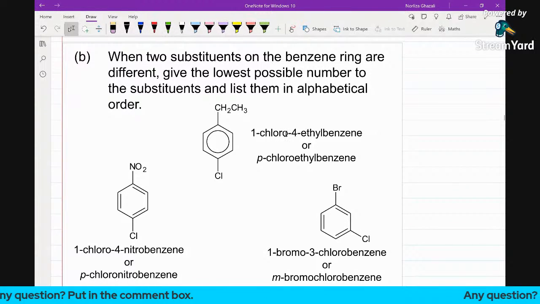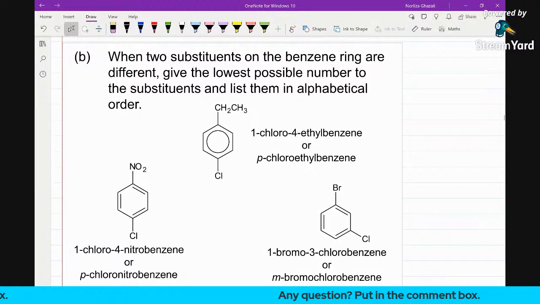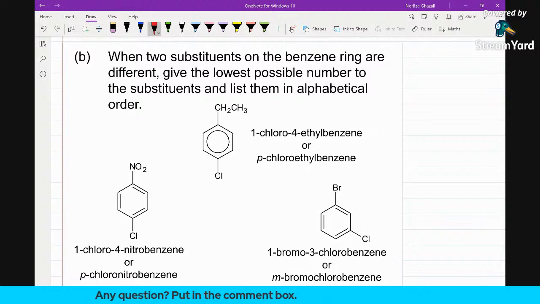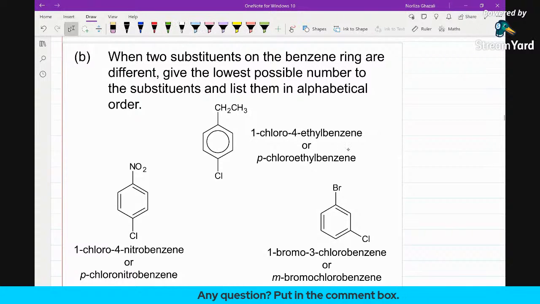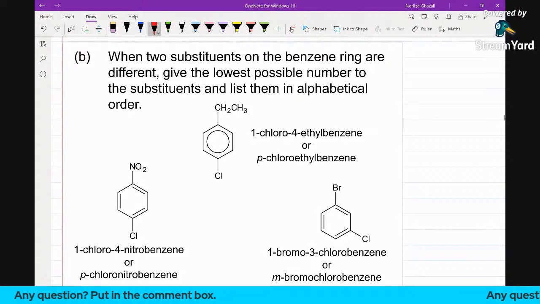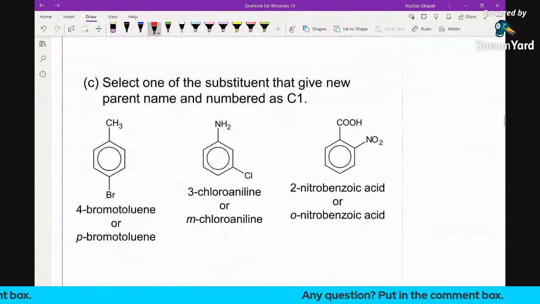Okay, so chloro, we consider the first letter C, and ethyl, we consider the first letter E. That's why the name is 1-chloro-4-ethylbenzene, or we replace 1,4 by using P or para-chloroethylbenzene. Okay.